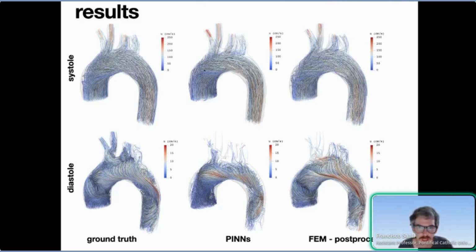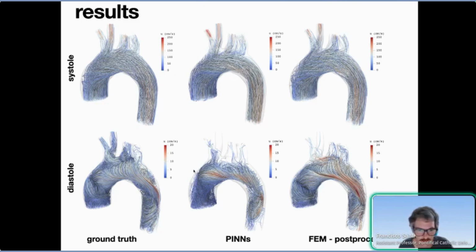You can see that in diastole and systole, the results are actually quite good for the three different methods. Here the velocities are quite high and the flow is sort of uniform. But you can see here, for example, some artifacts in the physics informed neural networks, where the blood is coming out of the wall because the boundary conditions are only imposed as a soft constraint. That's something that we can correct with the finite element simulation here.